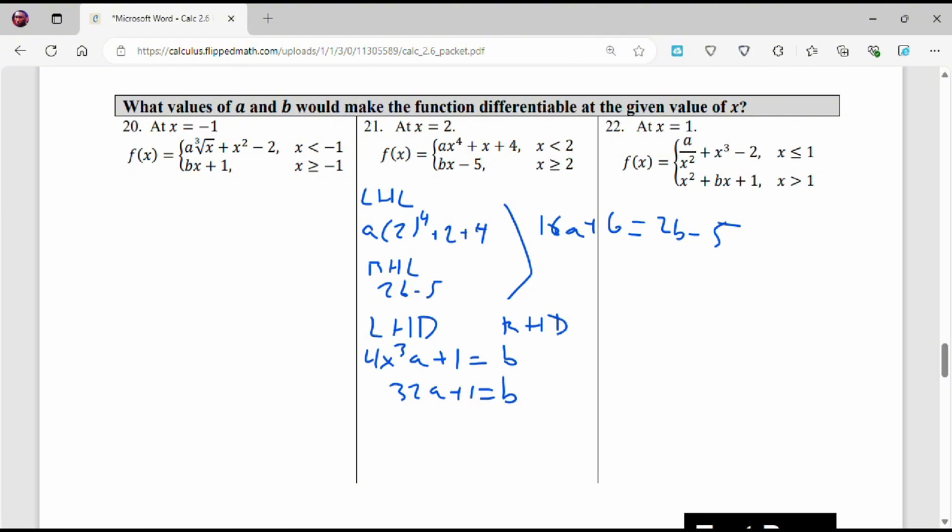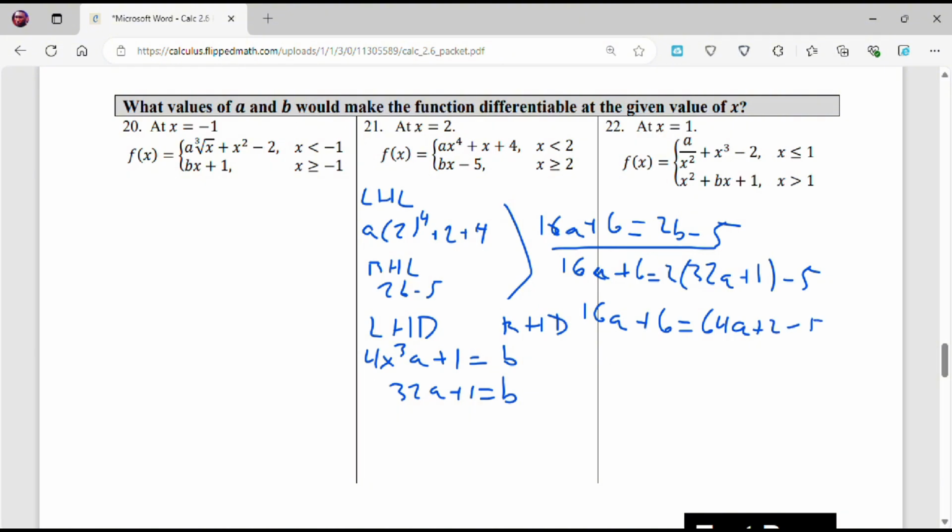I'm just going to plug b into this equation right here, straight up. So 16a plus 6 equals 2 times 32a plus 1 minus 5. Okay, so we can distribute on the next step. Plus 6 equals 64a plus 2 minus 5.